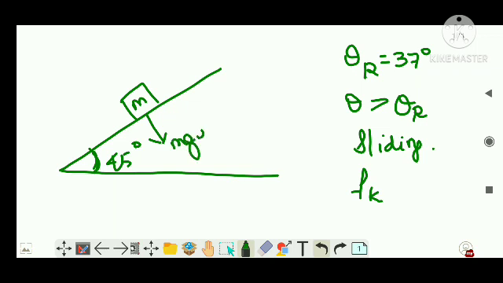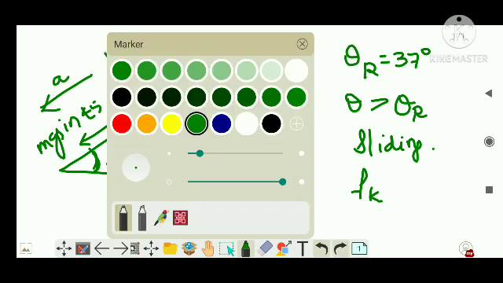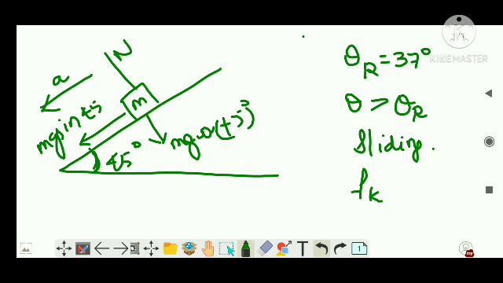This will be mg cos 45 degrees, and here will be mg sin 45 degrees. Obviously it is going to move, so there will be an acceleration in this direction, and there is a normal reaction here.